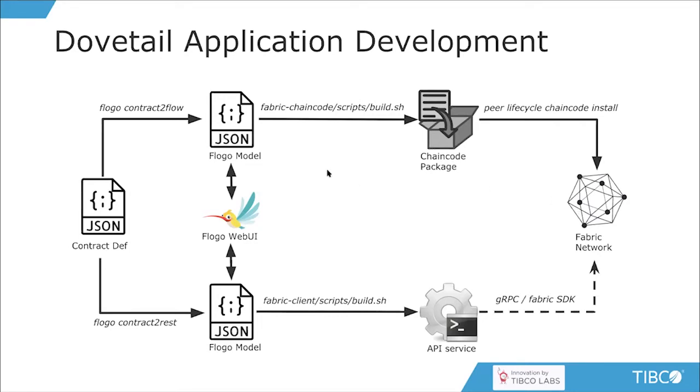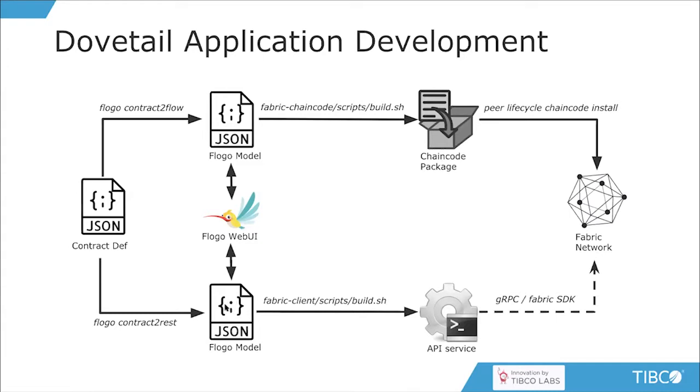So what we're going to do today is take exactly the same contract file that you created in the last session, and we'll use the Dovetail Flogo extension to generate a REST API server. We take the contract file, run it through the Dovetail command line, and generate a REST API server that's implemented using Flogo flows.